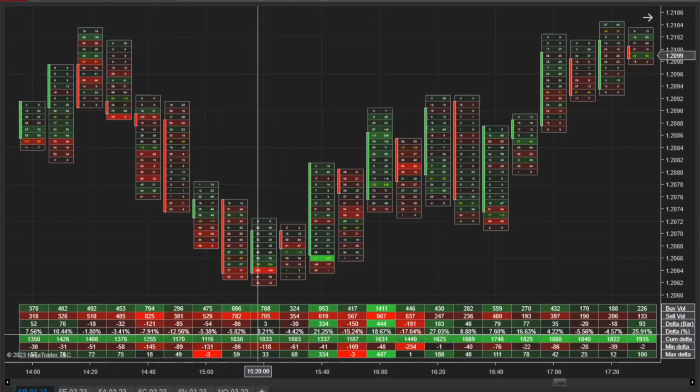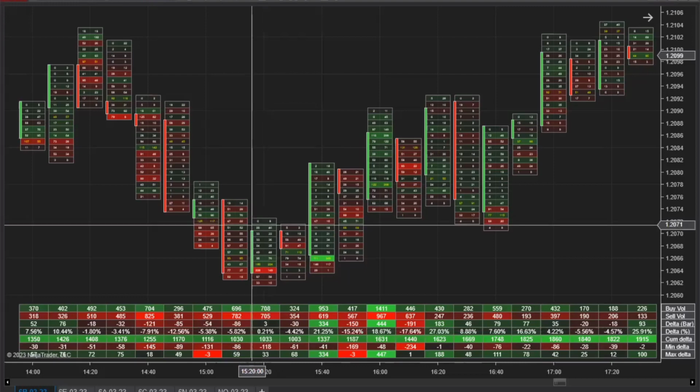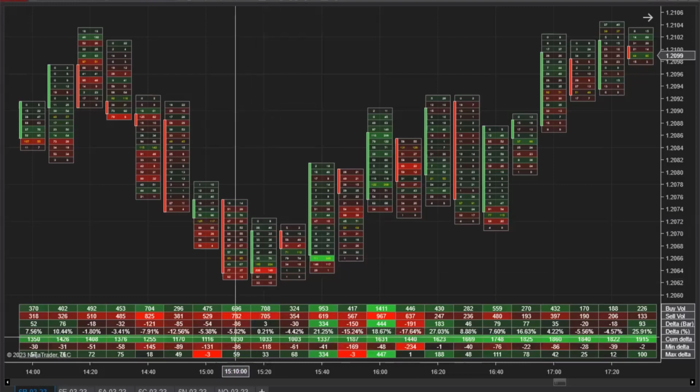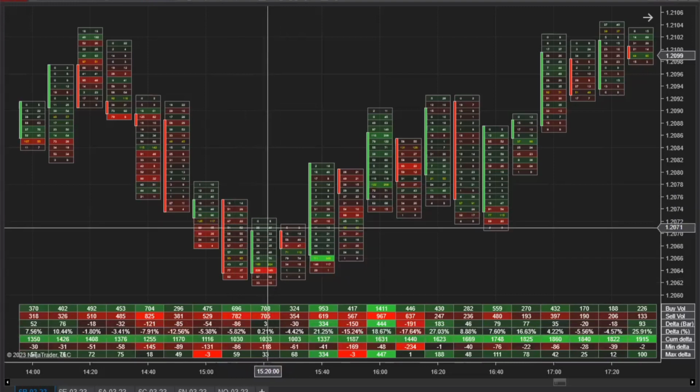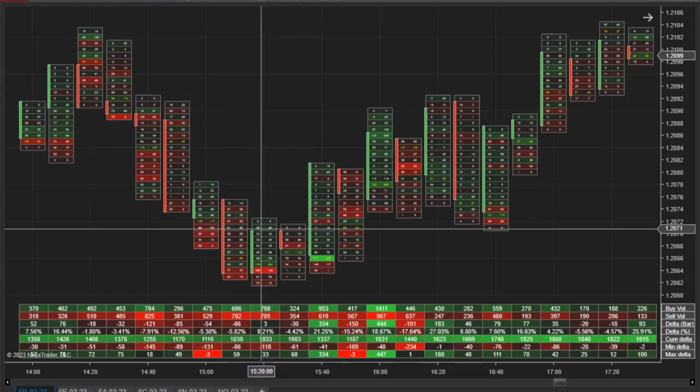You can say, yeah, this is my entry and I want to enter now. Fine, it's good if you enter now, because you could see the difference from minus 5 to 0, and that 0 is positive. So we can actually make an entry here. But what if you want more confirmation that there are buyers coming in?